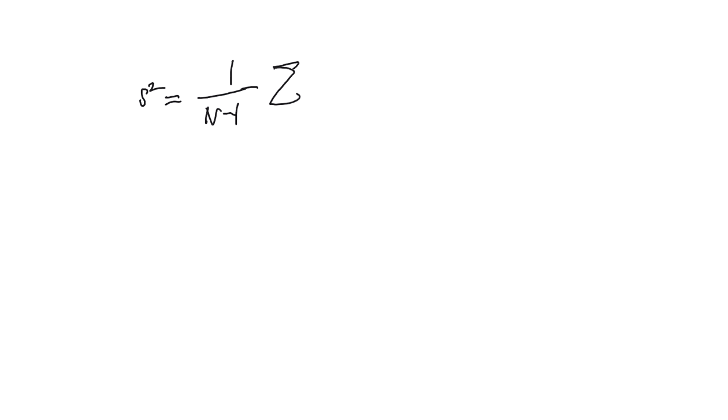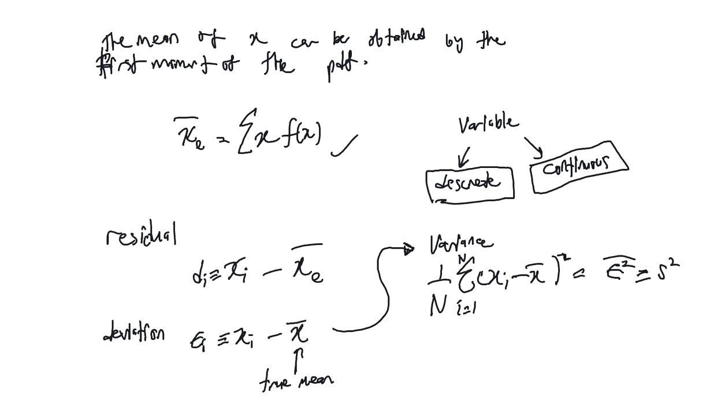The rest is a summation of residual instead of deviation: i from 1 until n of xi minus the experimental mean, and don't forget the square.